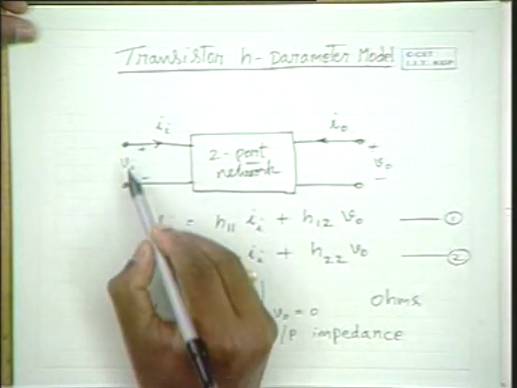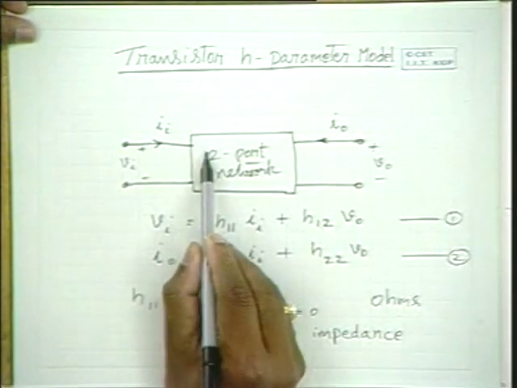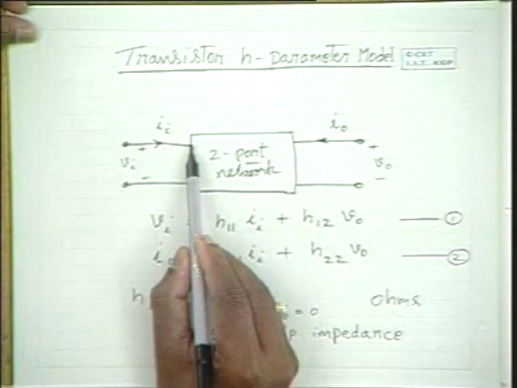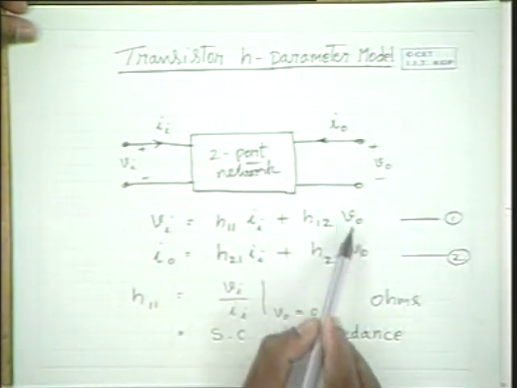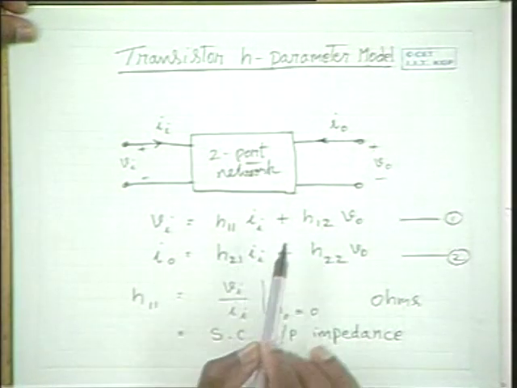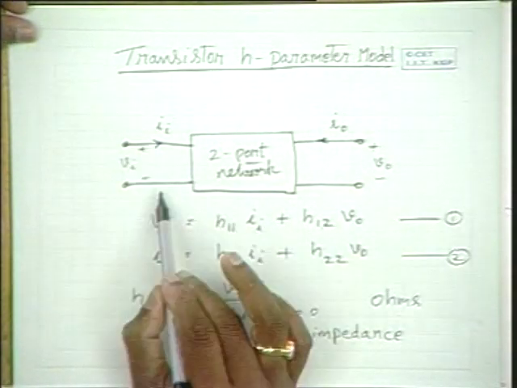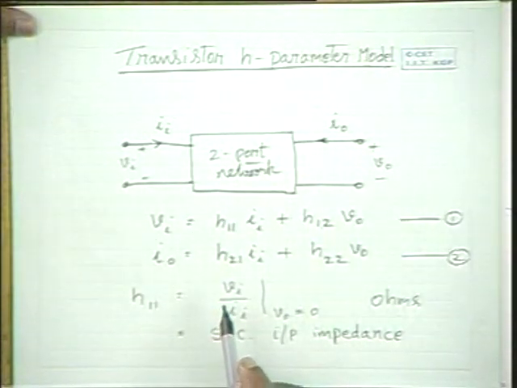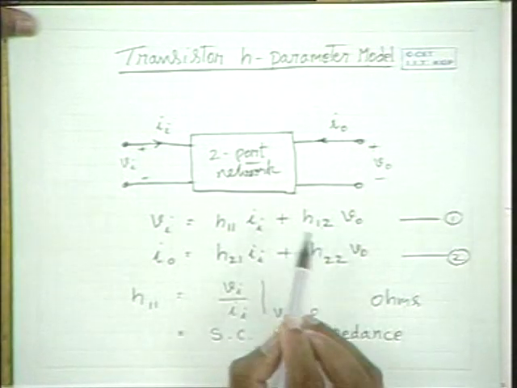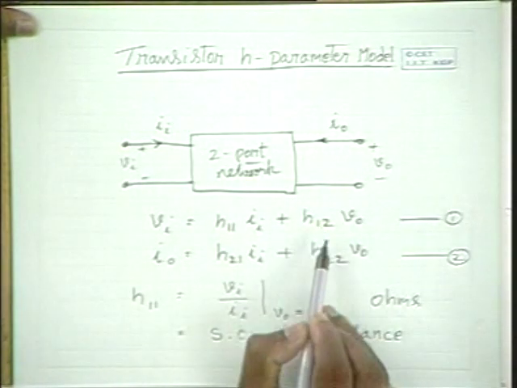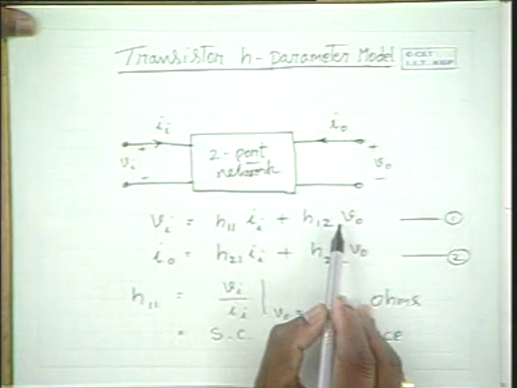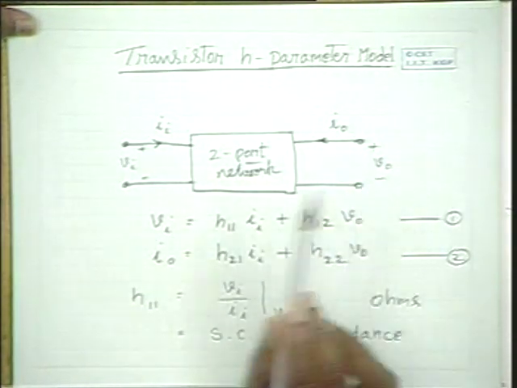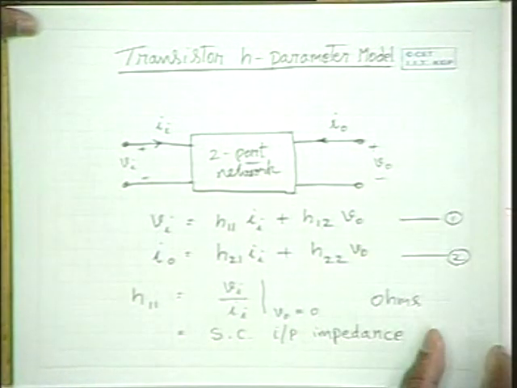That means between these two terminals you have a resistance and a voltage source, and that resistance is in series and the voltage source is also in series, and these two appear across these two terminals Vi. Nothing else comes into the picture, and the only difference is that the voltage of this voltage source depends on the output voltage. It is a voltage dependent voltage source which comes into the picture.